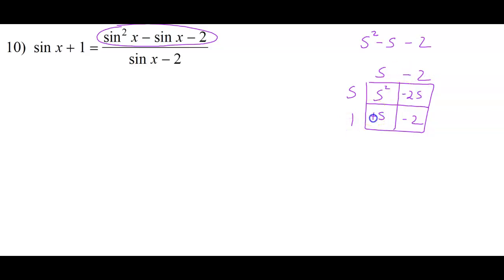We know that we're right whenever these add up to make the middle, and they do. So I've got my answer. It's s minus 2 and s plus 1. Which means that we're going to call that sine of x minus 2 and sine of x plus 1.